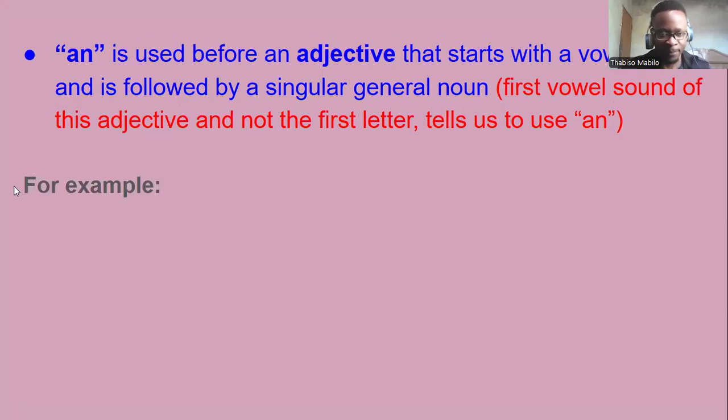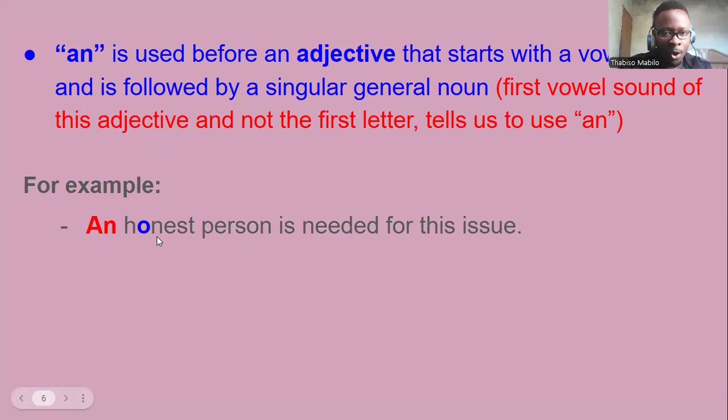Let's look at the examples. For example, "An honest person is needed for this issue." Here, honest is an adjective. Person is a noun. So the article that we use depends on the first sound of the adjective that comes before the noun. In this case, our adjective is honest.